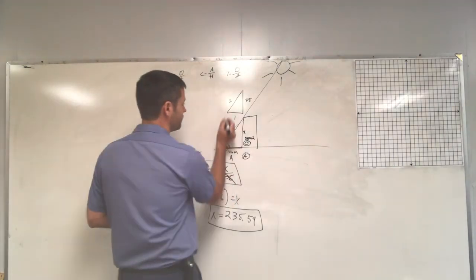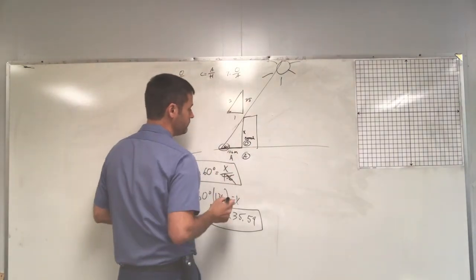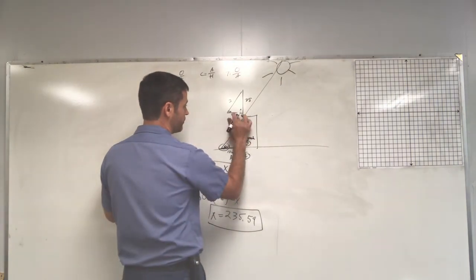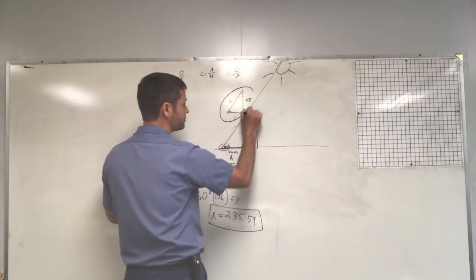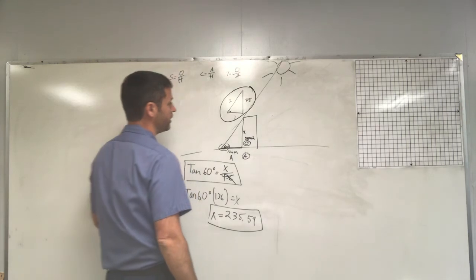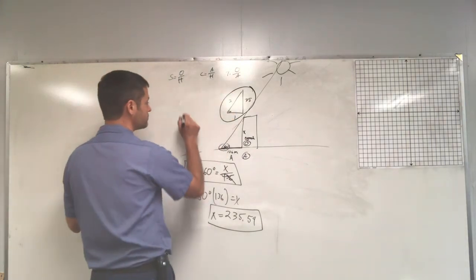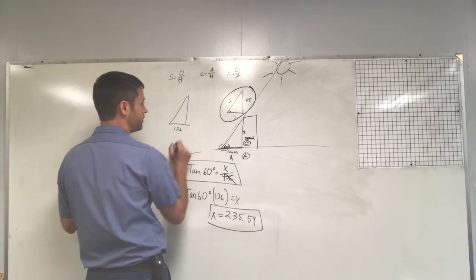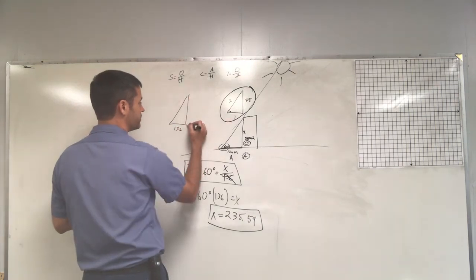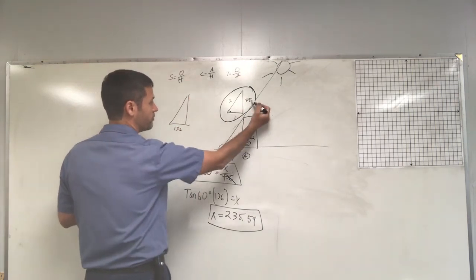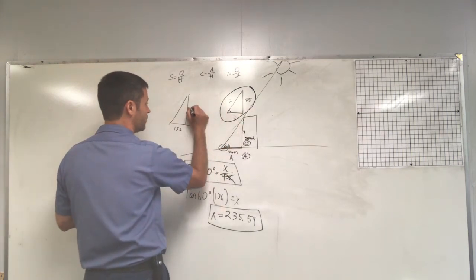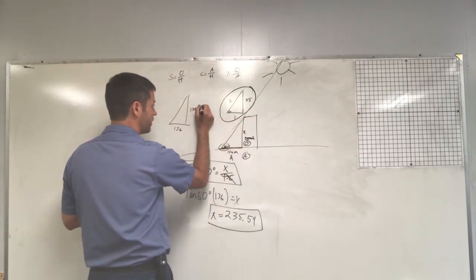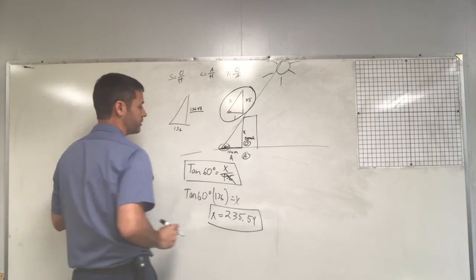Looking at it this way, your 60 is down here, and this is 136. These are the proportions of a 30, 60, 90 triangle's sides. If you have a triangle that's 136 down here, and you want to know what this is, it's going to be the square root of 3 times bigger. So 136 times the square root of 3.